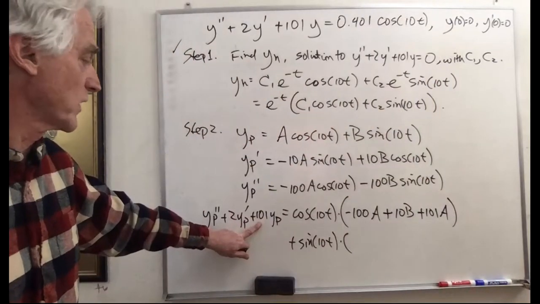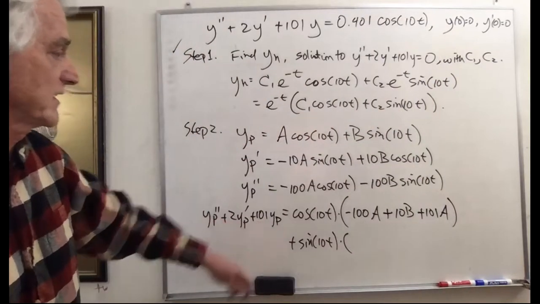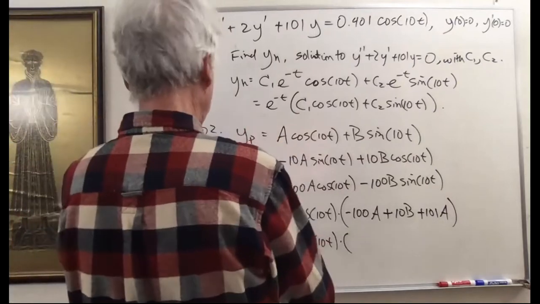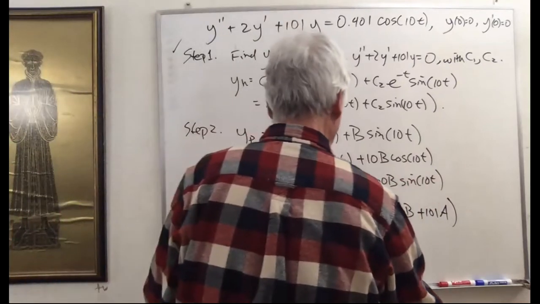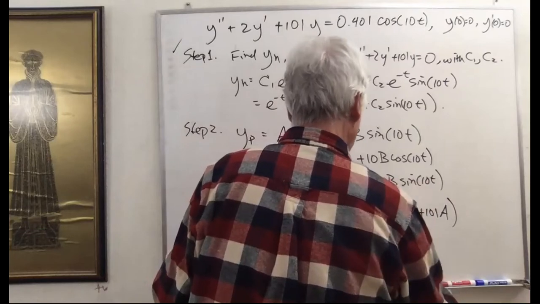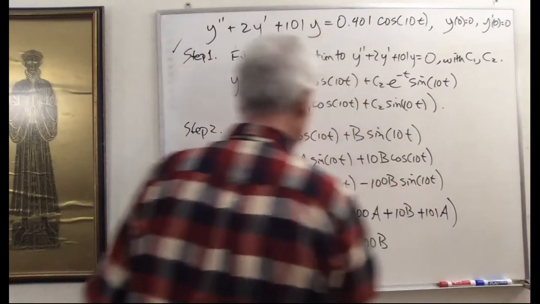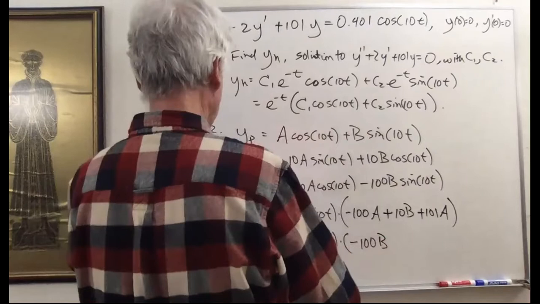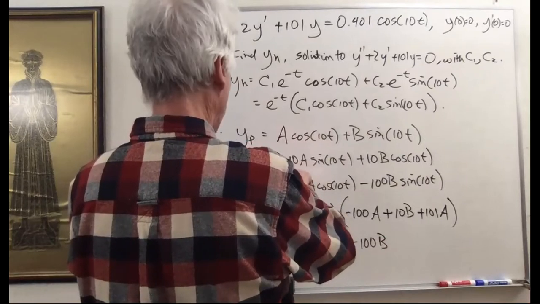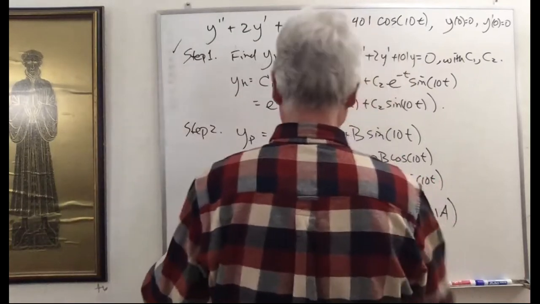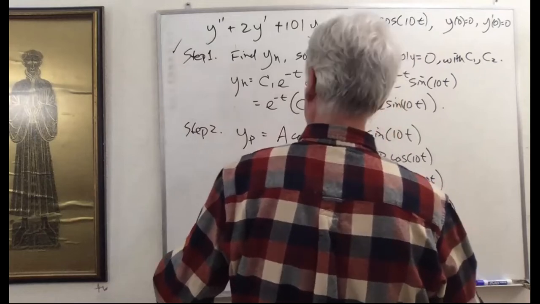And now what do I get in front of the sine 10t? From the yp double prime, I get minus 100b times sine 10t. Then from 2yp prime, I get minus 20a.